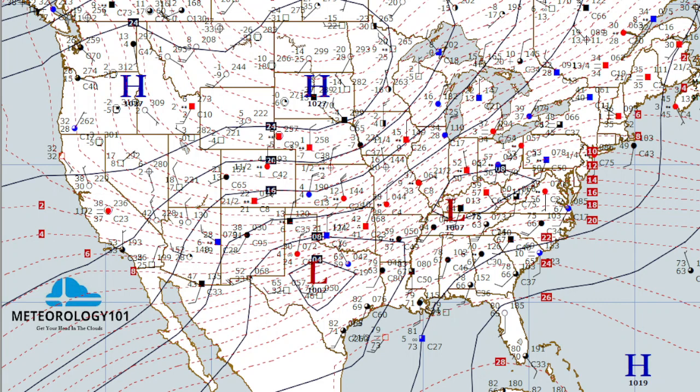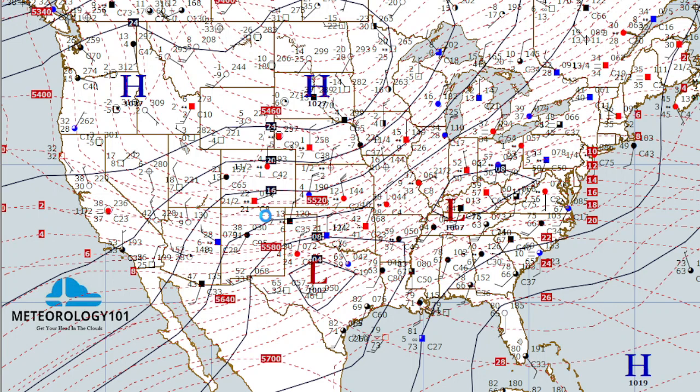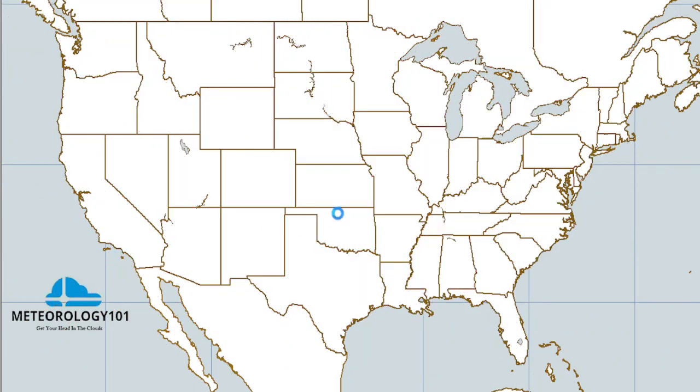So let's go run another chart here. A couple more charts. Let's see what we got. Let's run a thickness chart real quick. This will help us place our fronts, jet stream. Well, I needed to erase that first, so that's not going to work out for us.